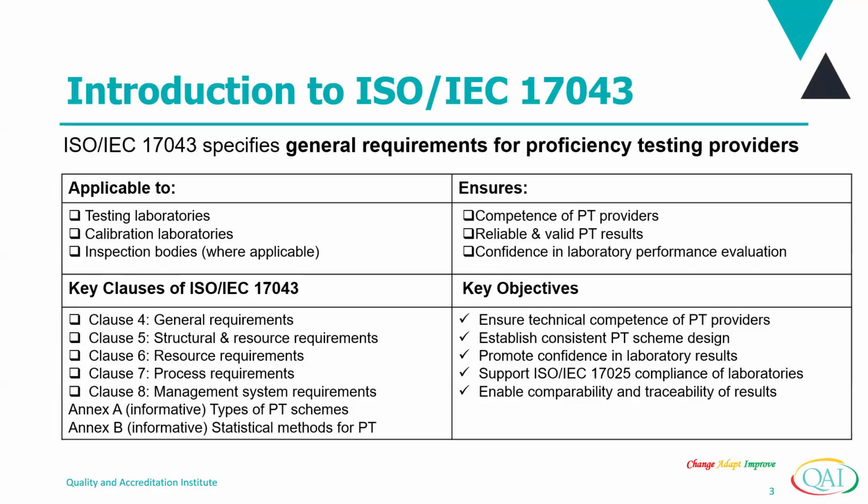But actual clauses start with clause 4, which is the general requirement for a PTP, consisting of the confidentiality and impartiality clauses, same as in 17025. Other ones are structure and resource requirements, 6 related to the resource requirement, 7 is the process requirement, and 8 is the management requirement.